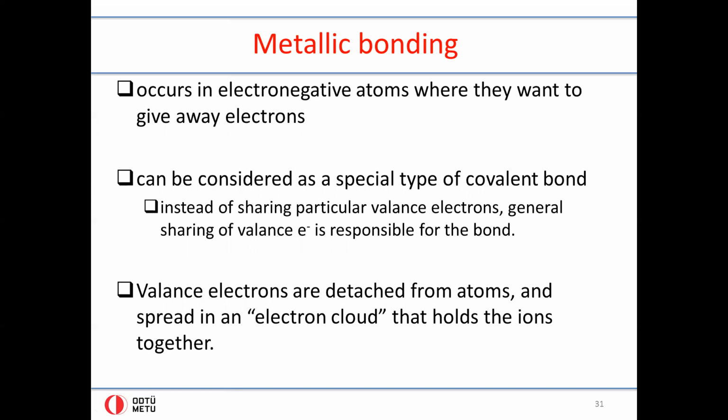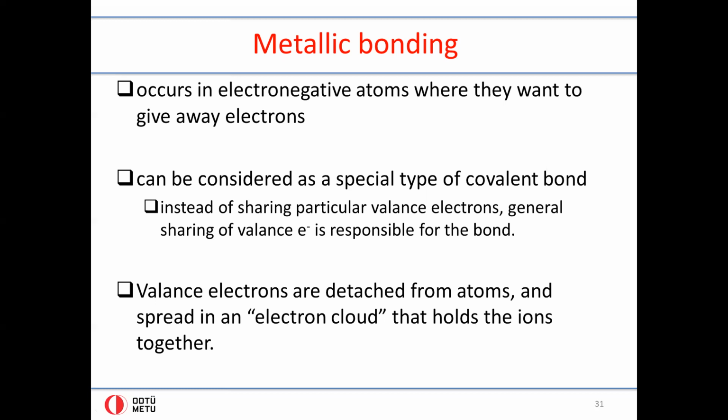So this is also sometimes considered to be a special type of electron sharing, so a special type of covalent bond. But here, it's not that one or two particular electrons are being shared, but generally the whole valence electrons are shared.